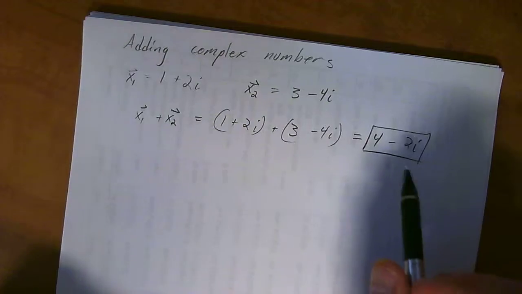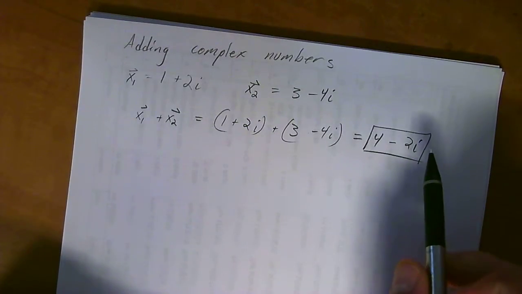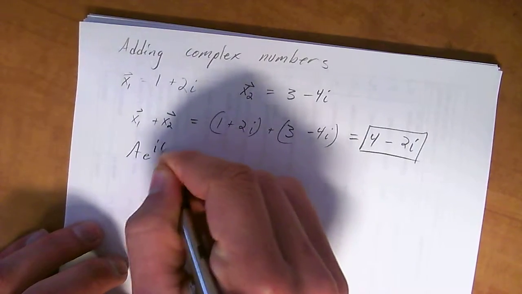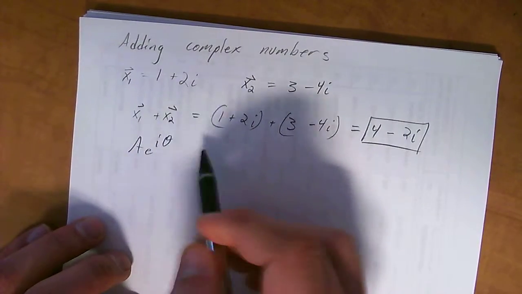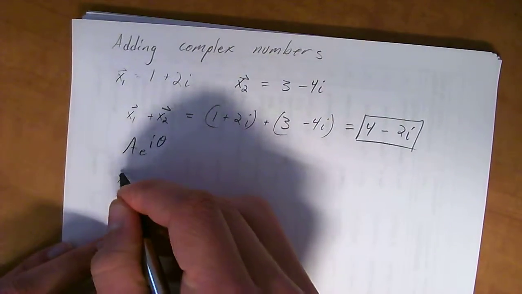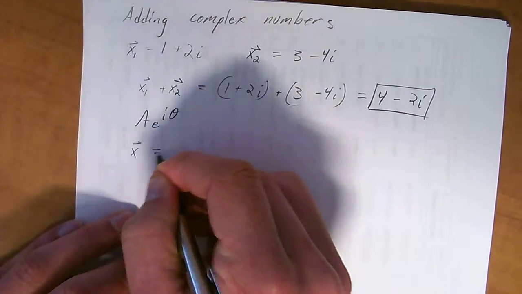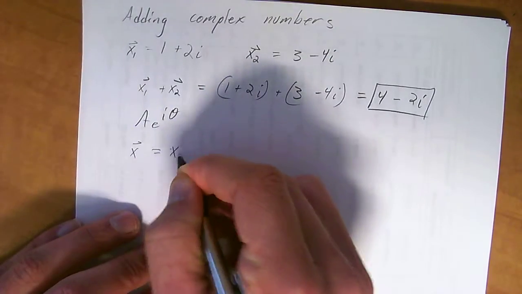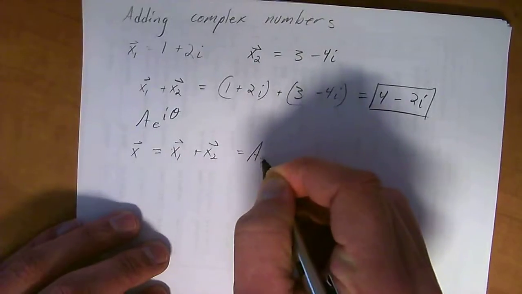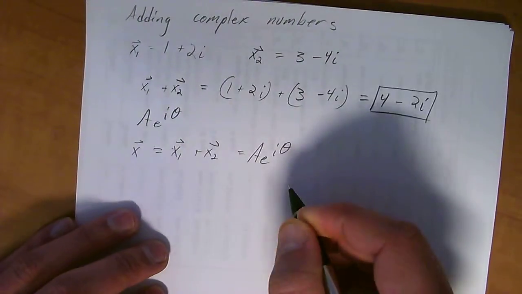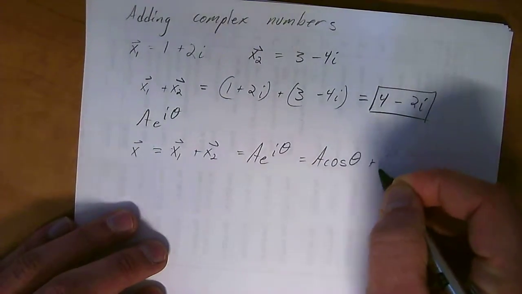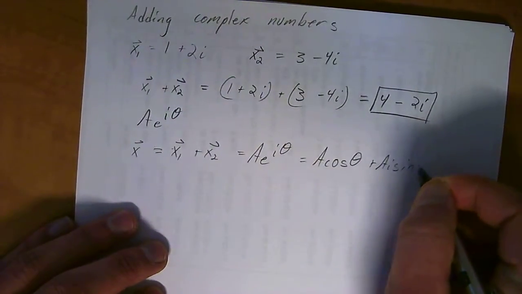But if you need to take this a step further, and get it in the form of A e^(iθ), so Euler's form, then you can carry this on a little bit further. x hat, or x bar, whichever one you want to call it, x1 plus x2 is equal to A e^(iθ), which is then equal to A cosine theta plus A i sine theta.